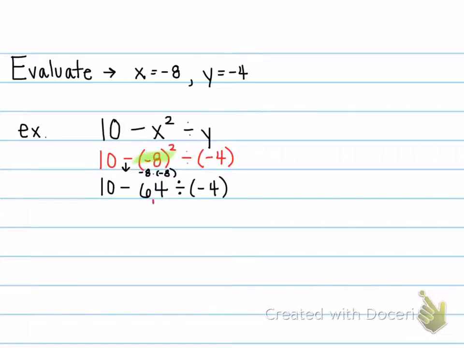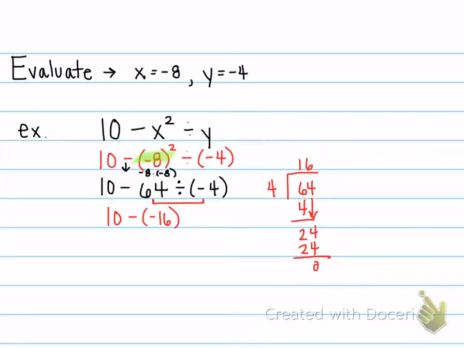For order of operations, I need to do this first. So I have 64 divided by negative 4, or divided by 4. I see what I have here is 16. But because I did a positive divided by a negative, I actually have 10 minus negative 16.